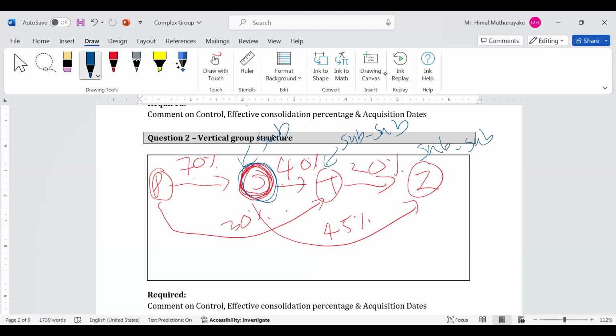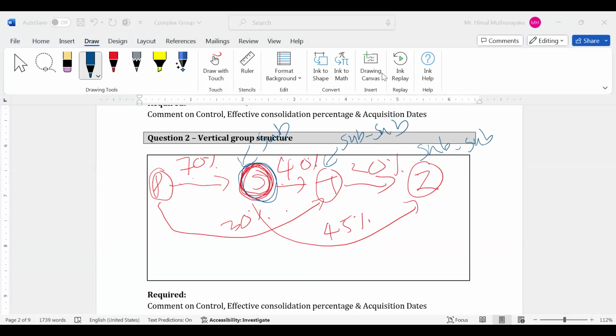So we are not saying that only this is a subsidiary. No, this is also a subsidiary. So T and Z are subsidiaries of P, by using the immediate ownership. That is the first thing we can do, right?